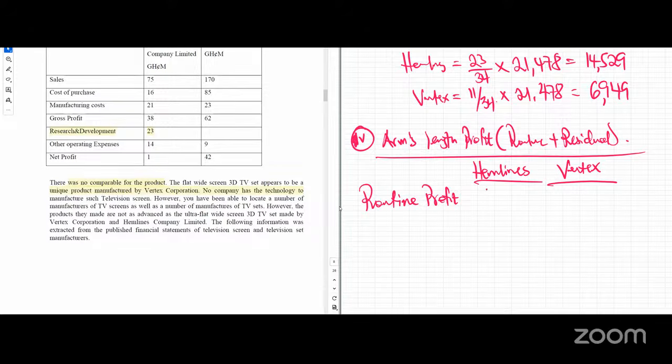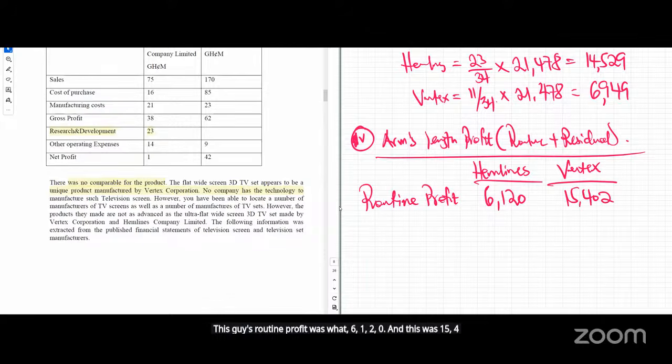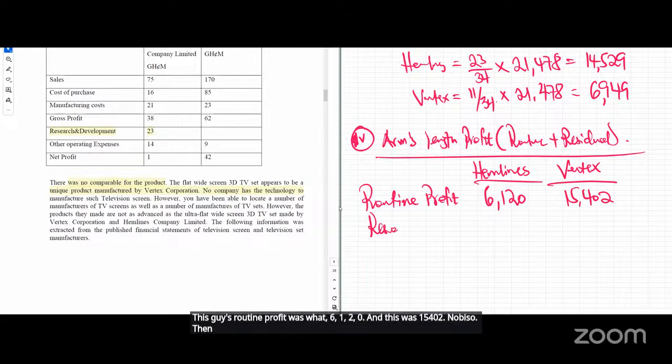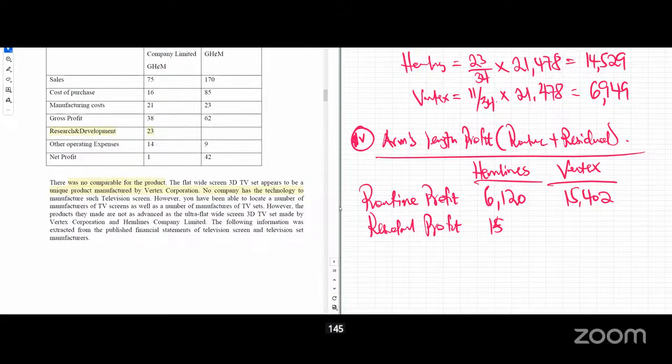This guy's routine profit was 6,120, and this was 15,402. The non-routine or residual profit was 14,529, and this is 6,949, right?